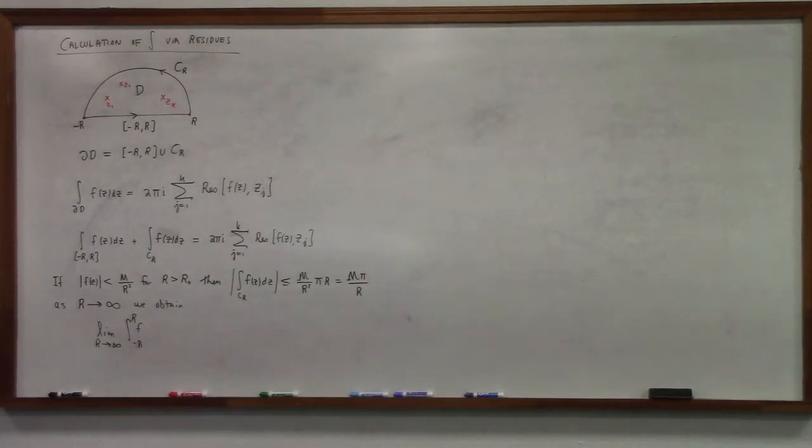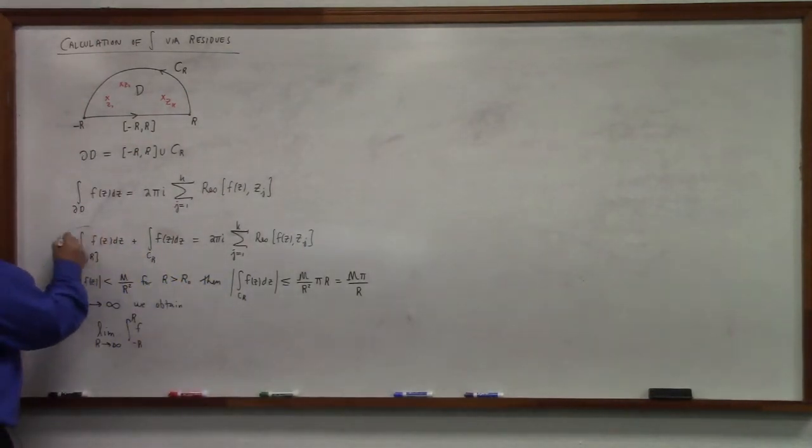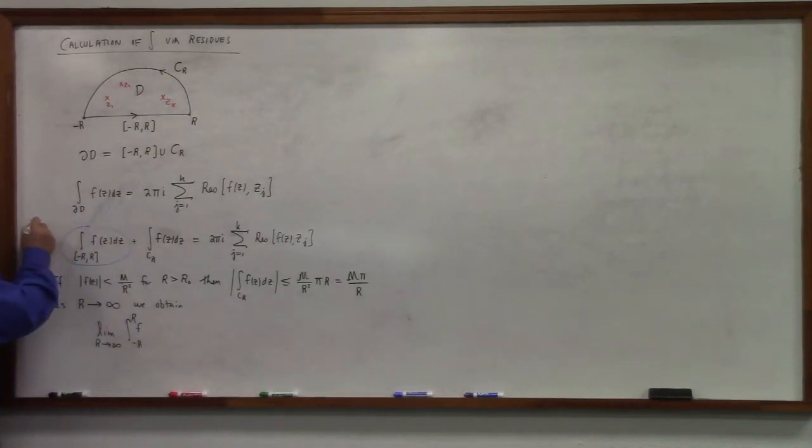That is just z equals x, so dz is equal to dx for that line segment. So z equals x for minus R less than or equal to x less than or equal to R, and dz equals dx.